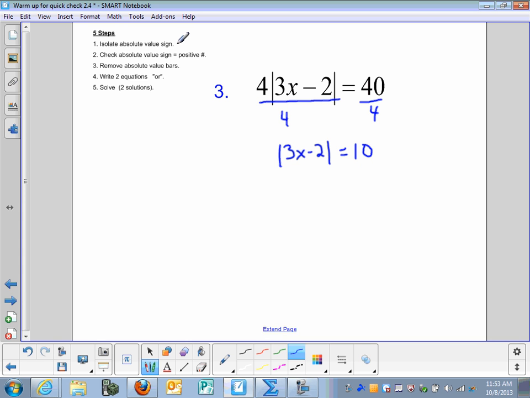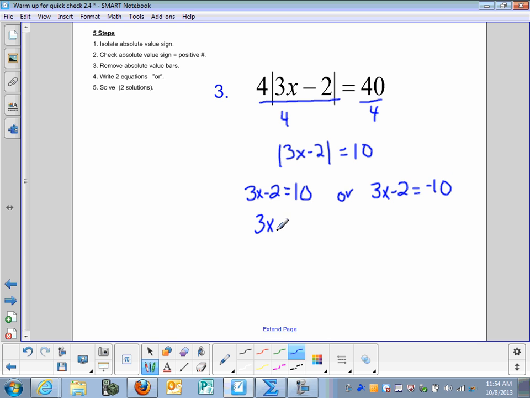Now the absolute value sign is isolated. We're going to check that it's equal to a positive number. It is. We're going to remove the absolute value bars and write two equations. So 3x minus 2 can equal 10, or, since it's inside the absolute value sign, it can equal negative 10.